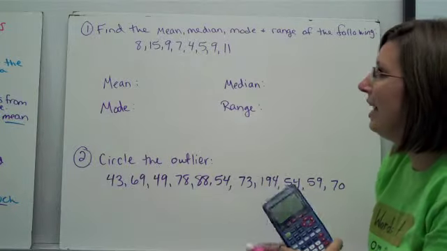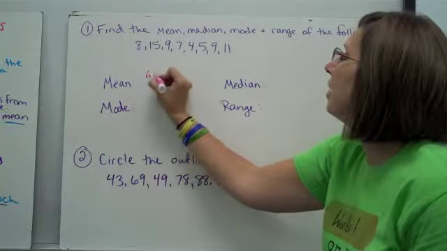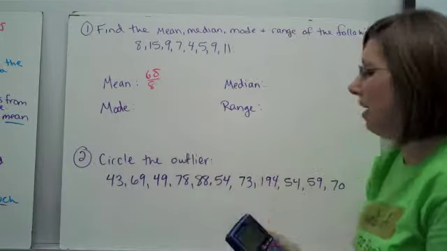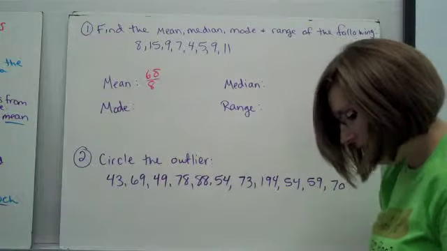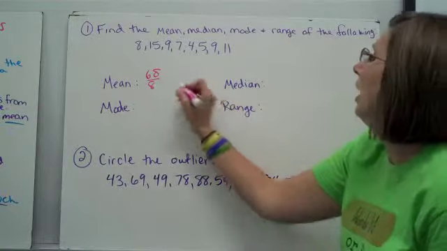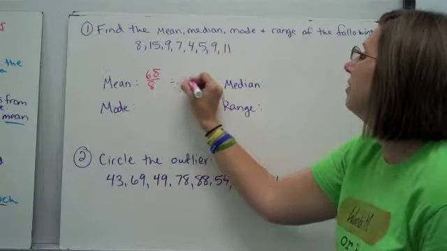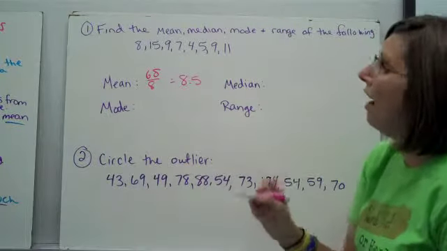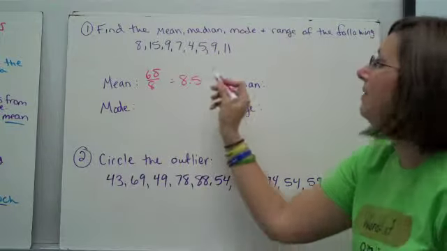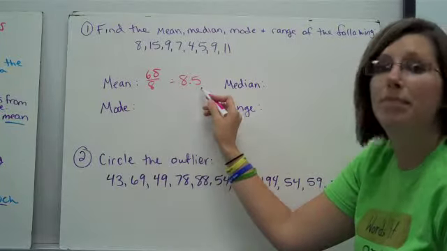So I get 68 as my sum, and like I said, there were 8 pieces of data, so I'm going to divide, and that gives me 8.5. So the average data value in this set of data is 8.5.